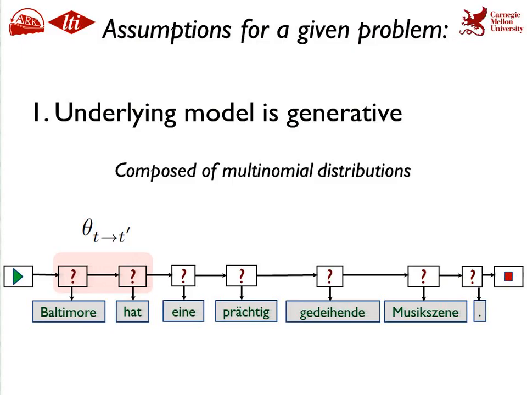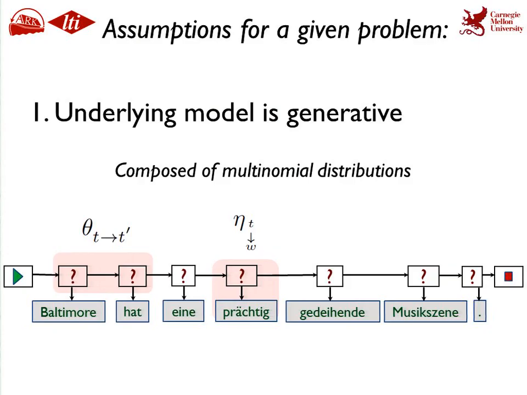So remember that there are 2 types of parameters in these models. The unlexicalized parameters that don't look at the surface words, and then there are the lexical parameters eta, which look at the words. So remember that theta denotes unlexicalized parameters and eta denotes lexicalized parameters.